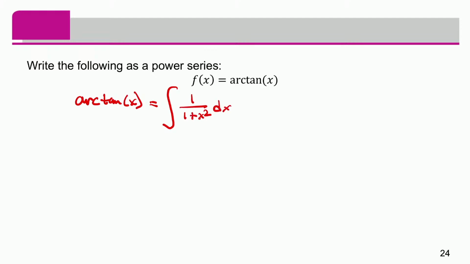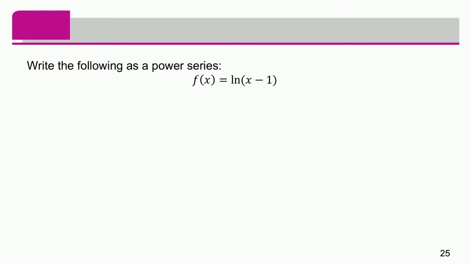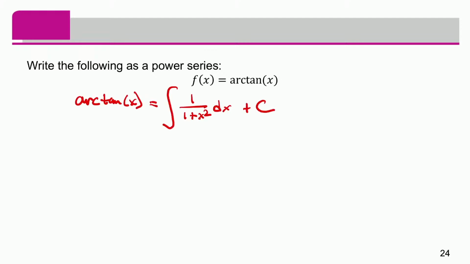So this gives us a way of coming up with power series of functions that are related to other functions that we already know the power series for. So you can do the antiderivative as long as you're careful. I'm going to put a plus c here to remind us we have to think about that. I know we already did this yesterday, but we're doing it again just to remind you, because we have one here that we're going to do in just a minute that is related to this.